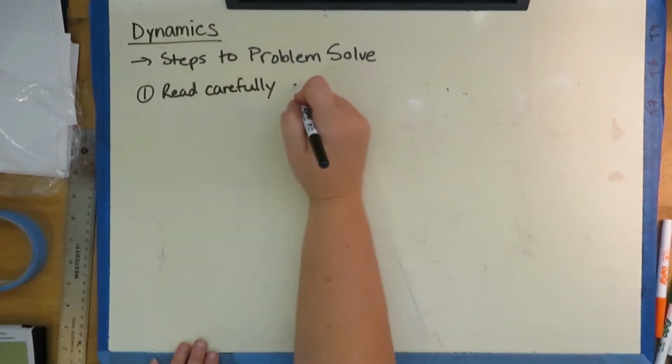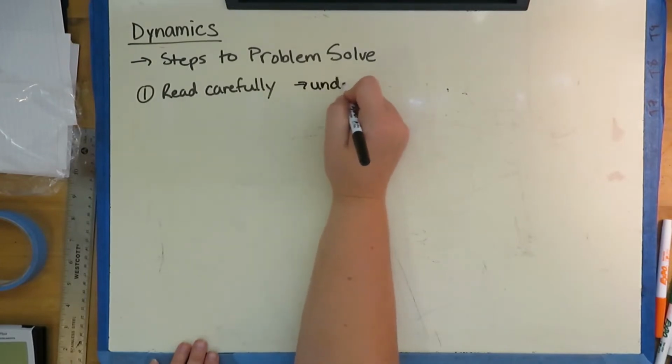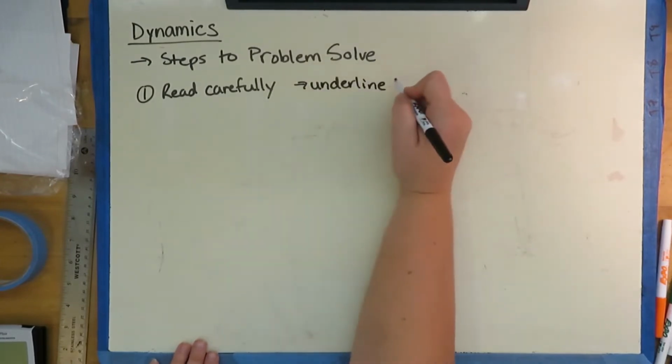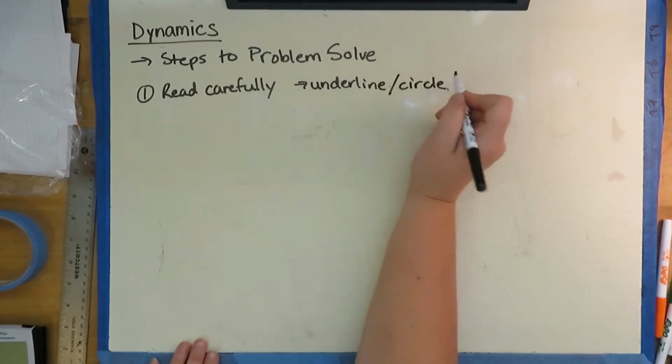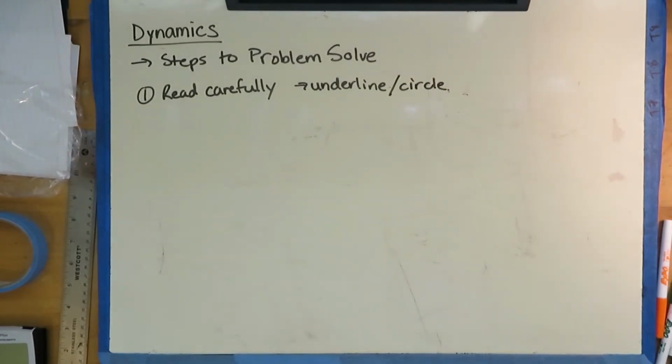Make sure to underline or circle very important key points, things like frictionless, constant velocity, with friction, anything that would allow you to determine some special circumstances. Starts at rest, ends at rest, anything along those lines.